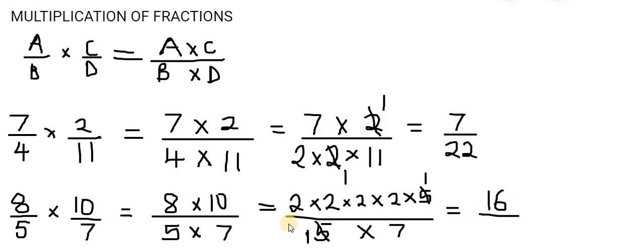And at the bottom, we just have 1 times 7, which just gives us 7. So, the answer for 8 over 5 times 10 over 7 is 16 over 7. And we made sure to also reduce or simplify the fraction in the process of multiplying. Okay?